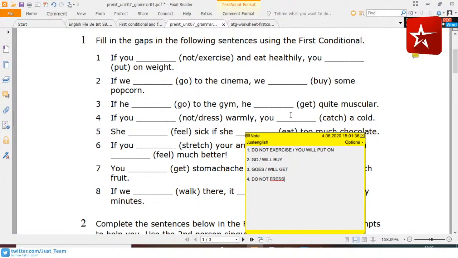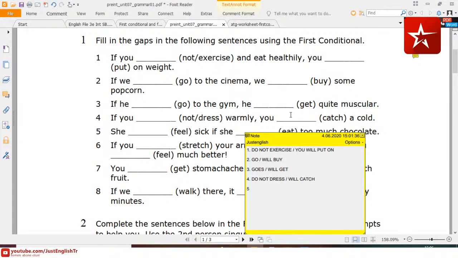I wrote fresh, but it's not fresh, it's dress. Yes, don't dress and will catch are the correct answers for number 4.